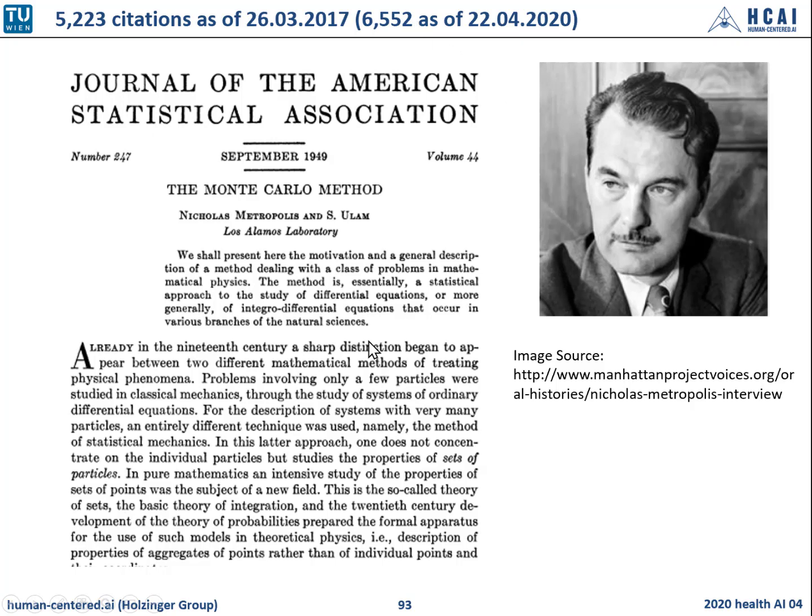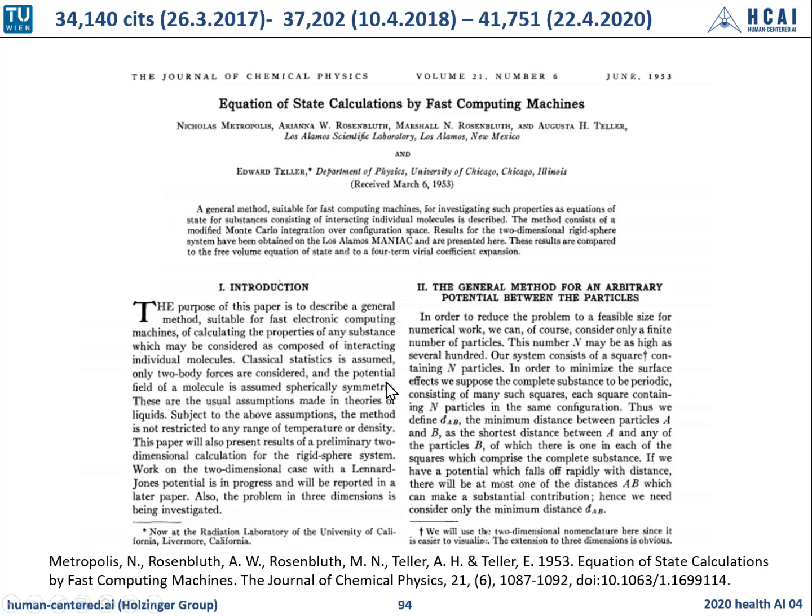So for a paper which is on the market since 1949, I would say this is not so many, okay? But interestingly, the later paper has to date an enormous 41,000, so nearly 42,000 citations. And interestingly, if you read it, this paper has only 5 pages and no references at all.